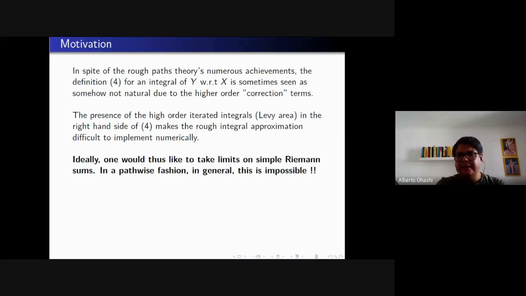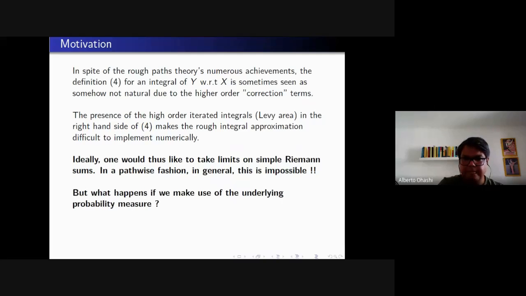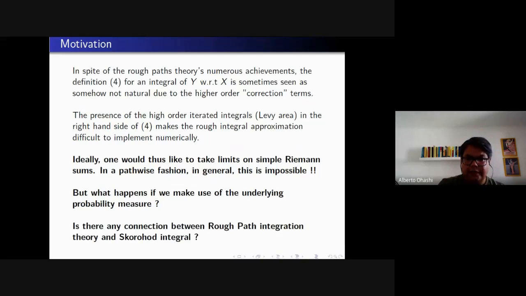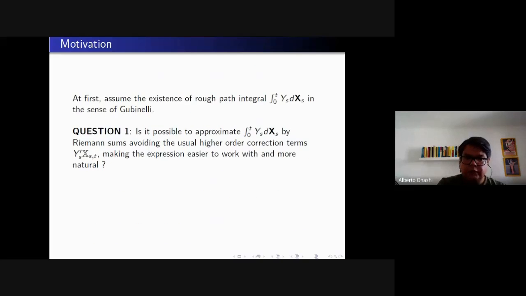So as I said, ideally we would like to take limits of simple Riemann sums, and pathwise this is impossible, omega by omega. But what happens if we make use of the underlying probability measure? And is there any connection between rough path integration and Skorohod integral in Malliavin calculus? So this is the motivation.